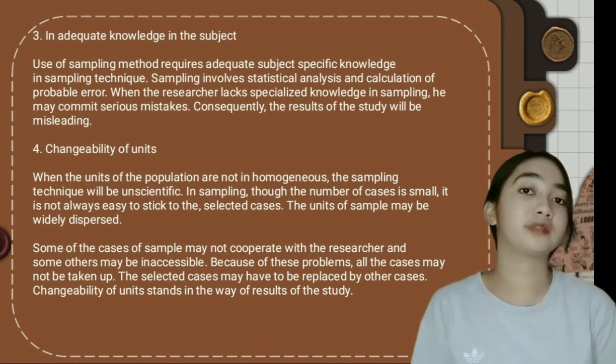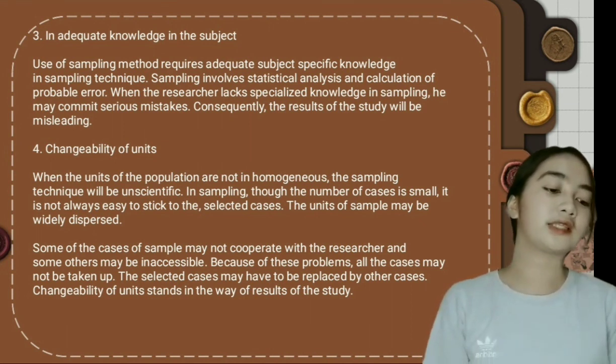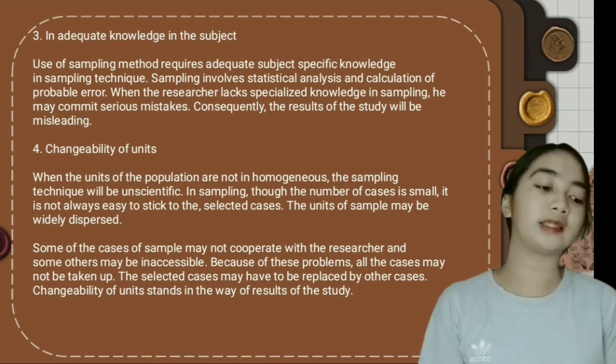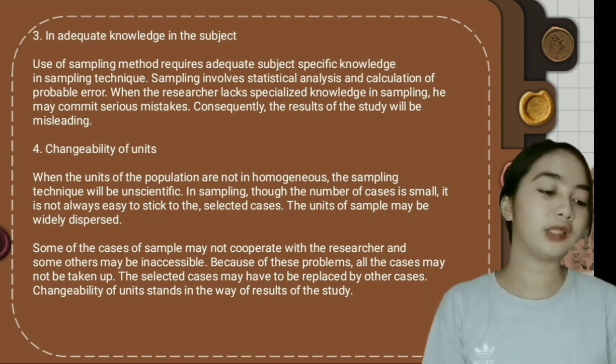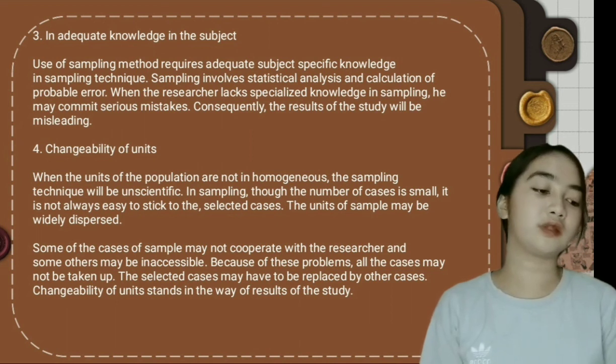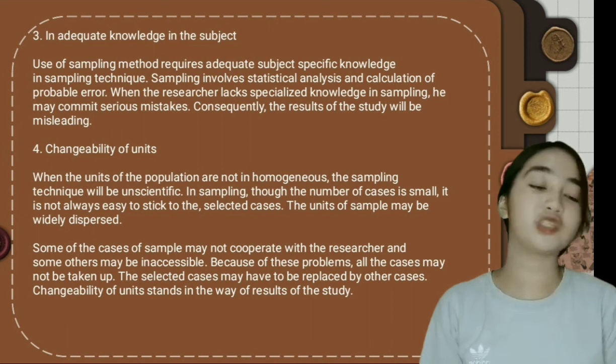possible errors. 4. Changeability of units. When the units of the population are not homogeneous, the sampling technique will be unscientific. In sampling, though the number of cases is small, it is not always easy to stick to the selected cases. The units of sample may be widely dispersed.